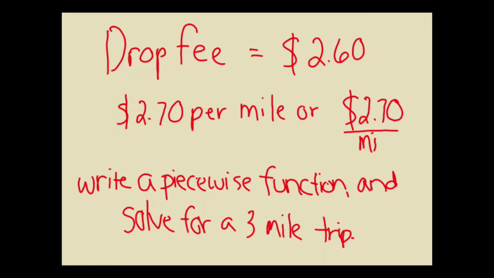So to start off, this is the information that we were given by Sam, so this is just the written part of the problem. To start off as well, we can solve this problem without even using a piecewise function. If you look on the screen, we can start off with $2.60 plus $2.70 times x.